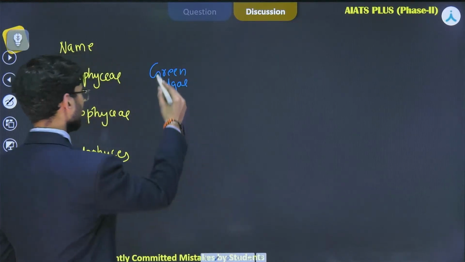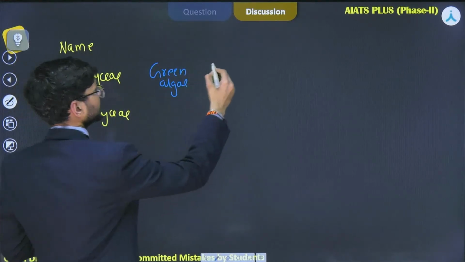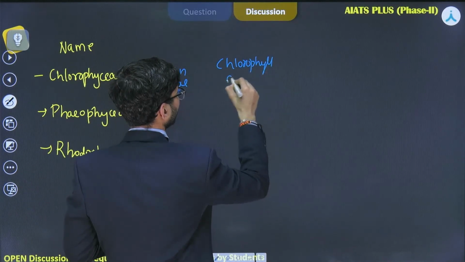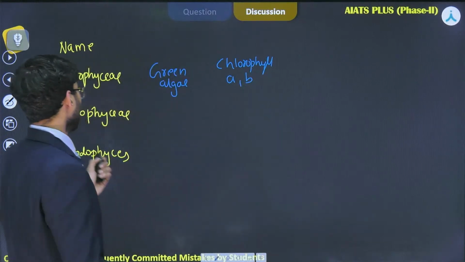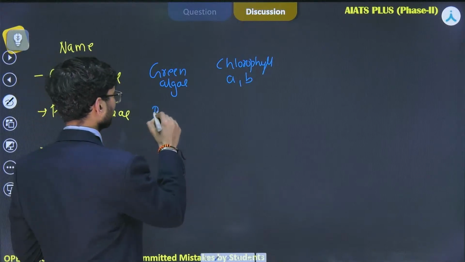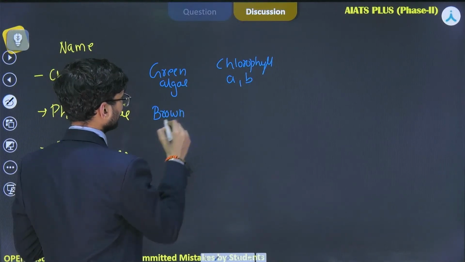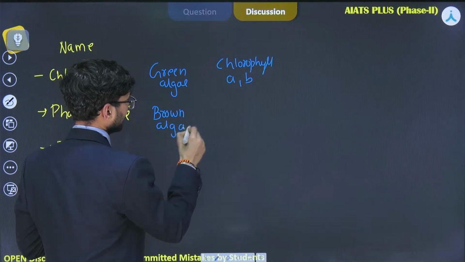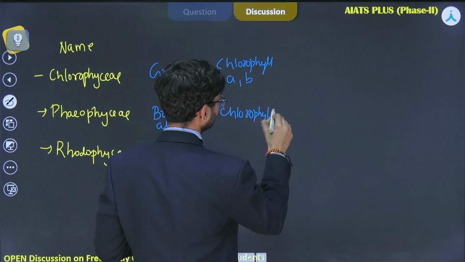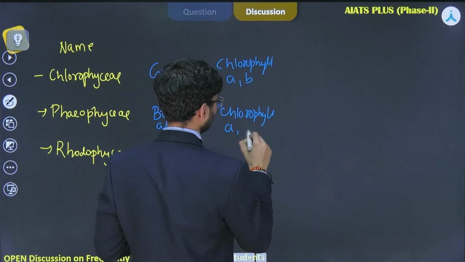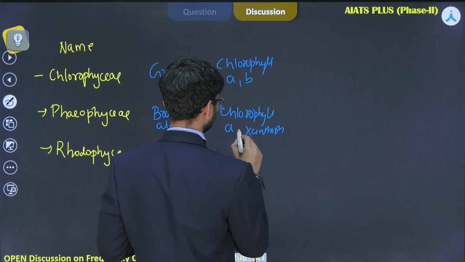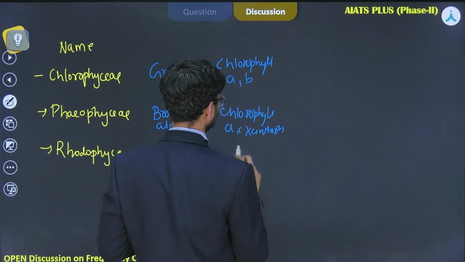So, they comprise chlorophyll A, B. Okay. If we talk about Phaeophyceae, Phaeophyceae is also called brown algae. Okay. And in brown algae, you will find chlorophyll A, xanthophyll and C. Okay.